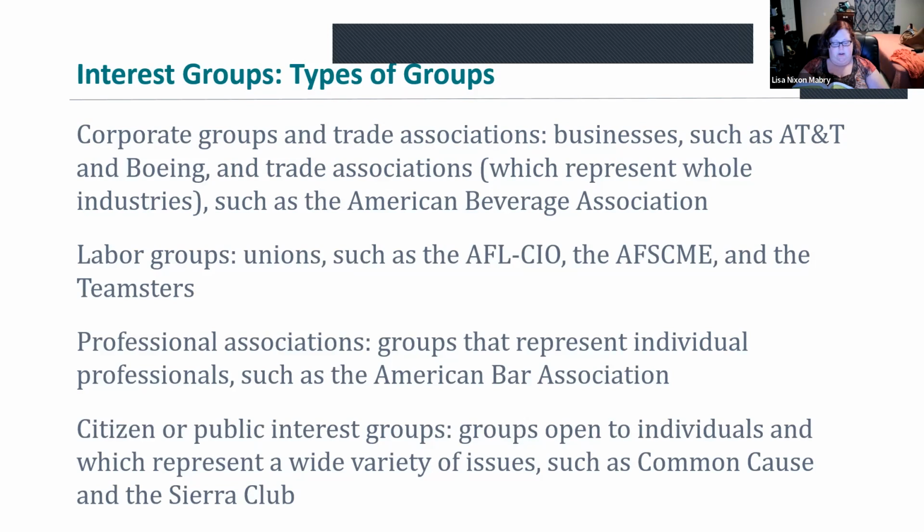American Federation of State, County, and Municipal Employees, that's AFSCME, and the American Federation of Teachers, which is AFT. Those are all public sector unions that represent members who work in government and public education. Some labor unions, like the Service Employees International Union, organize workers in both public and private sectors.